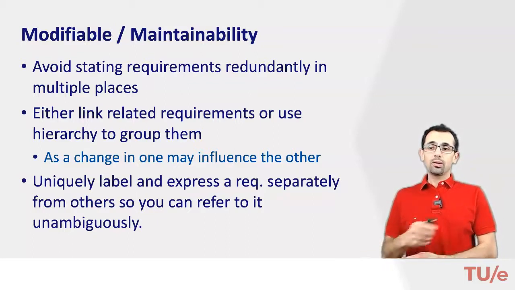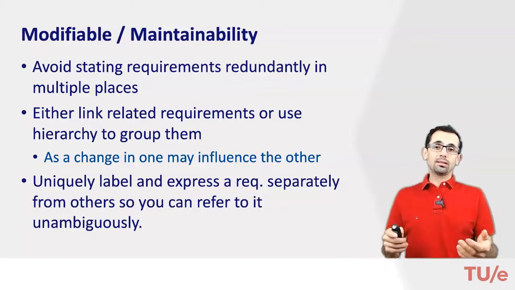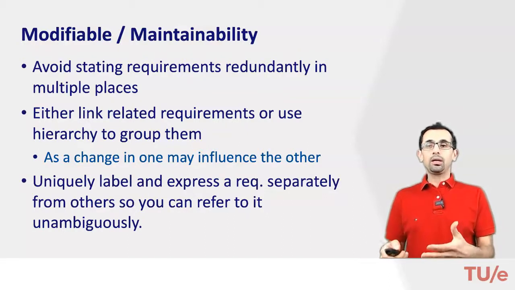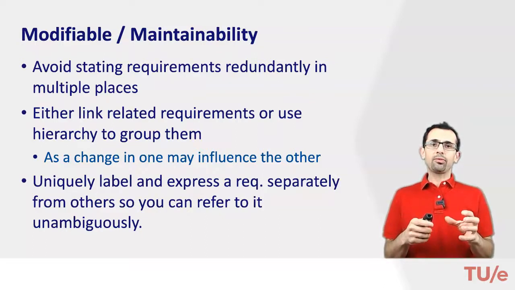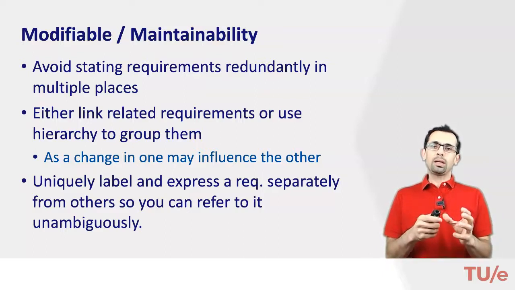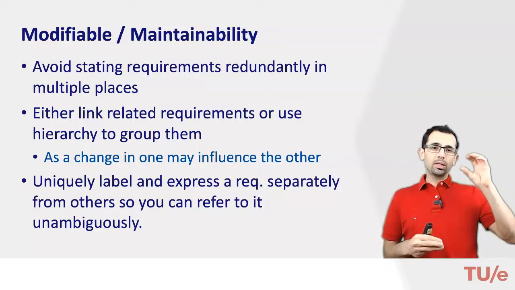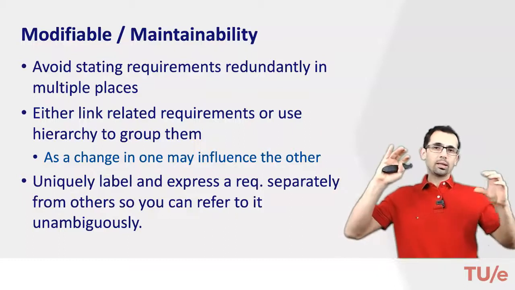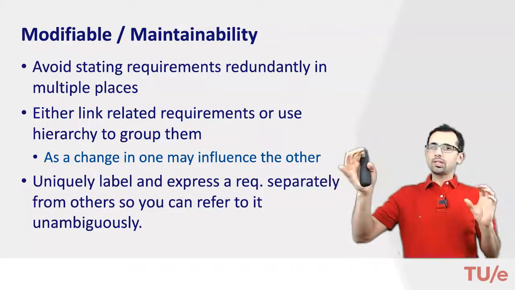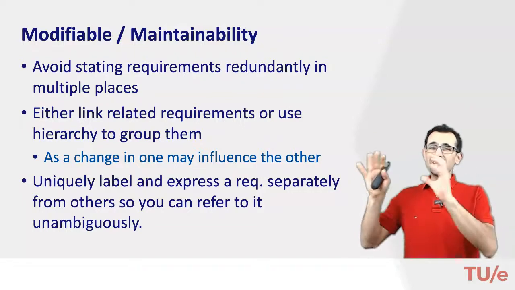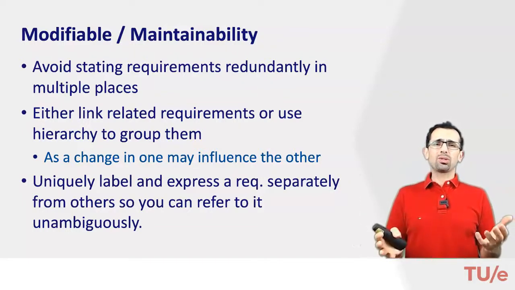The reason for that is that if you change something here, you would want to spot the requirements that would be influenced immediately. If you put the same type of requirement in section 1 and then section 6, and they're similar or the same, if you change this one, we know that requirements will change, by the way.